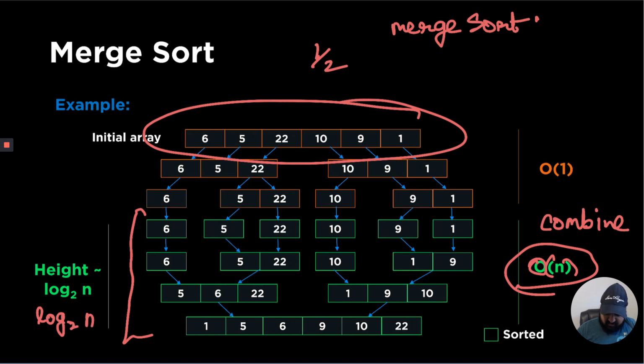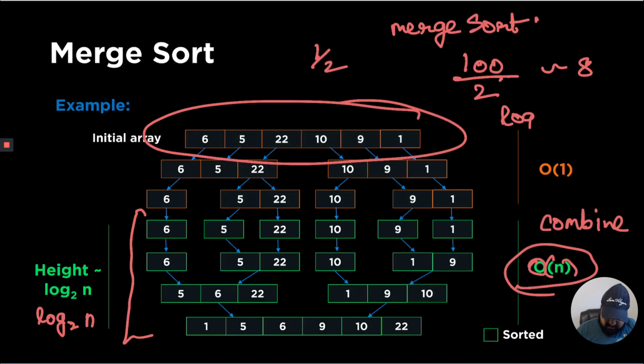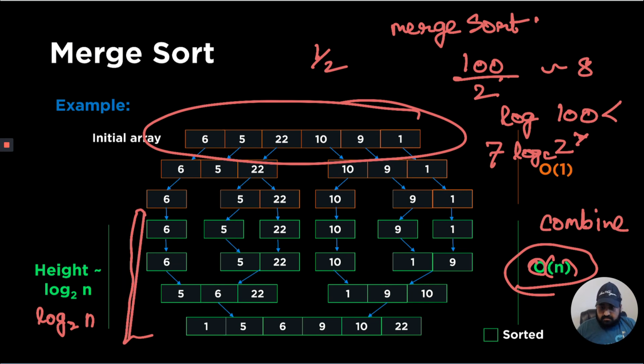Because if we have, let's say, 100 elements, at each step we are dividing the problem into halves. So in roughly 7 steps, because the log of 100 is less than 2 to the power 7, which is log 2 to the power 7, roughly equal to 7, we will get the list sorted, which is, we'll get the list combined.